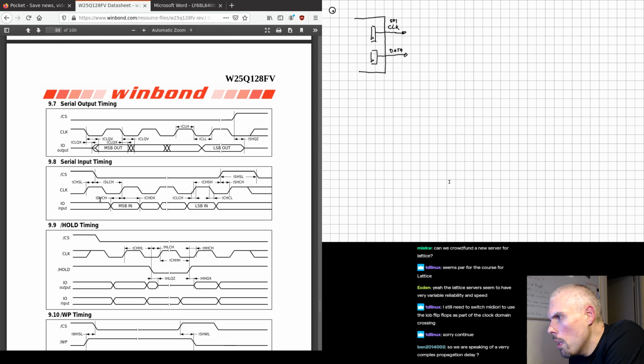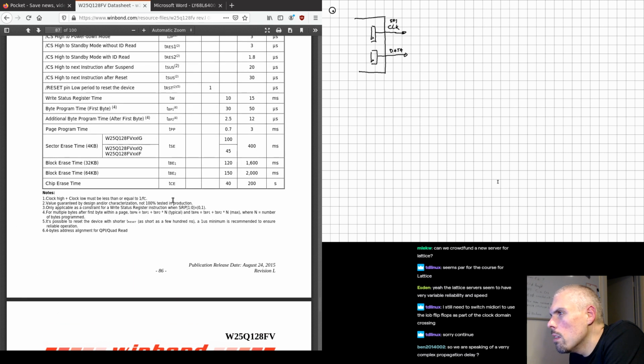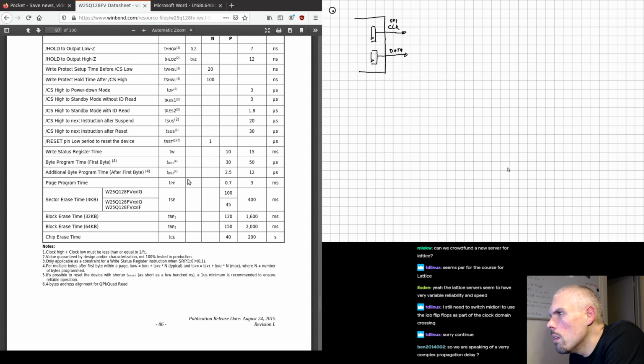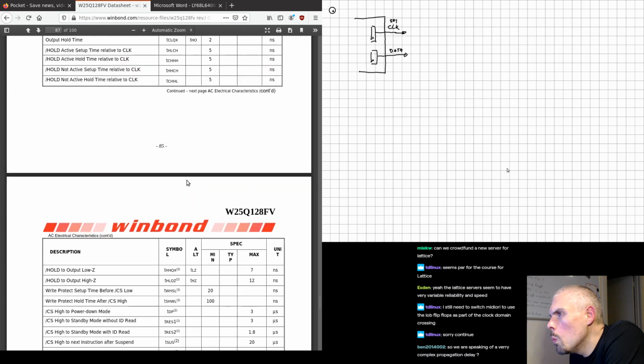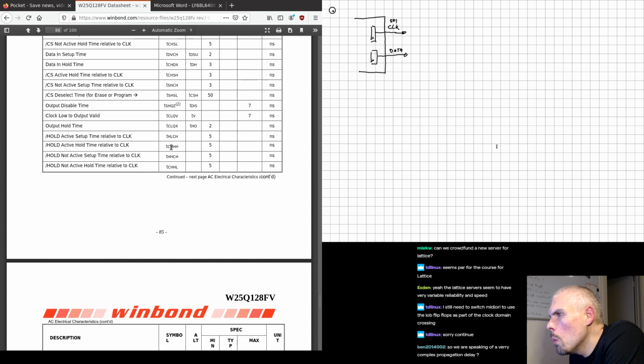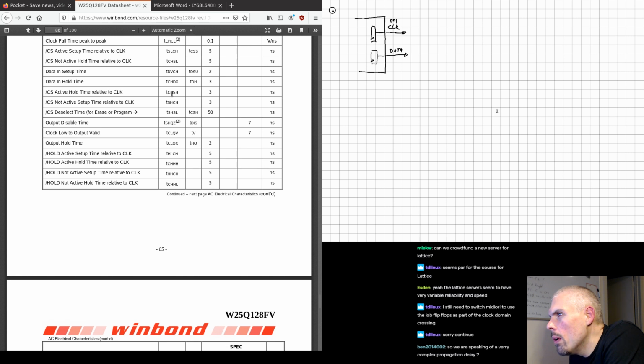And so we have the SPI clock here, and then we have TDVCH and TCHDX.